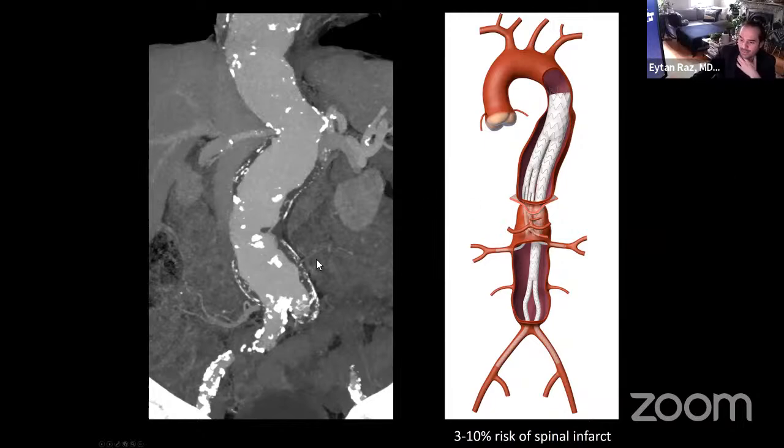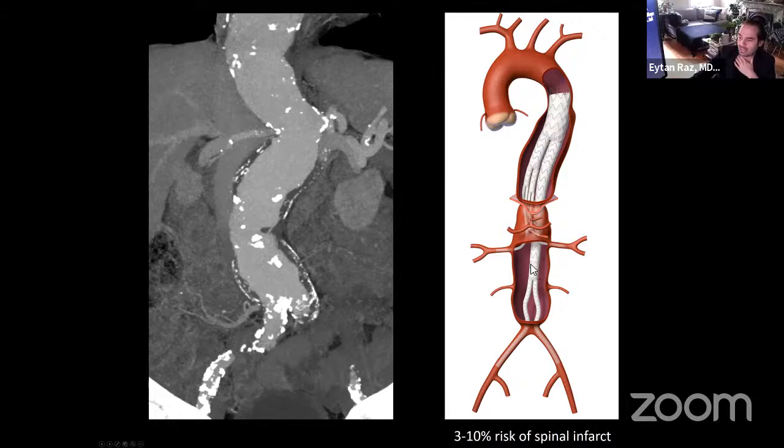This is an example of a case where vascular surgeons in our hospital do the treatment with a Valiant Medtronic, a huge aortic stent, which essentially covers the aorta all the way.